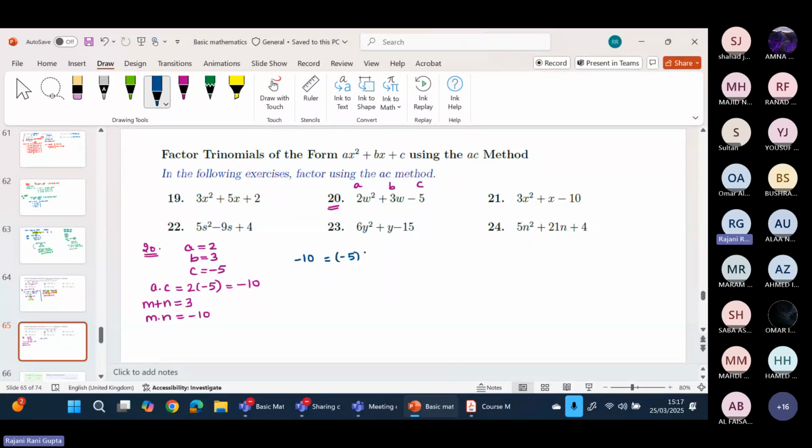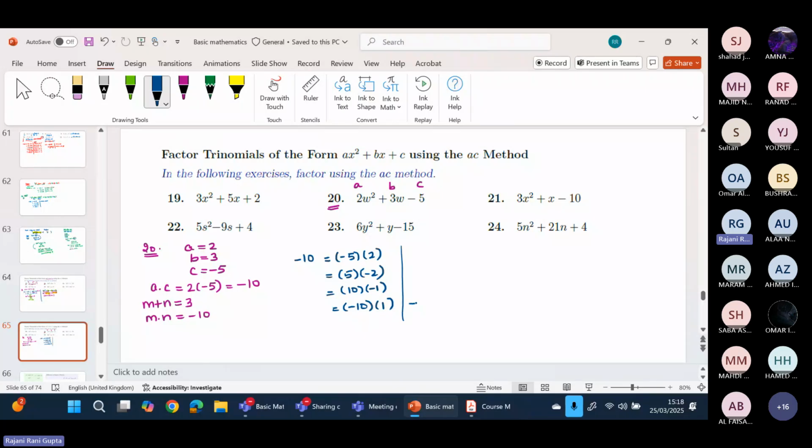You have either -5 times 2 or 5 times -2. Correct? Other options are 10 times -1 or -10 times 1. Now you have to select out of which one is working for you.